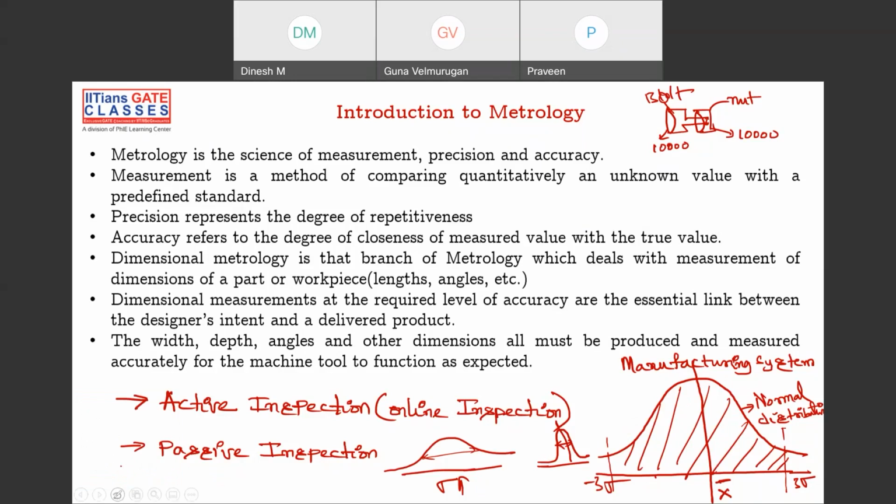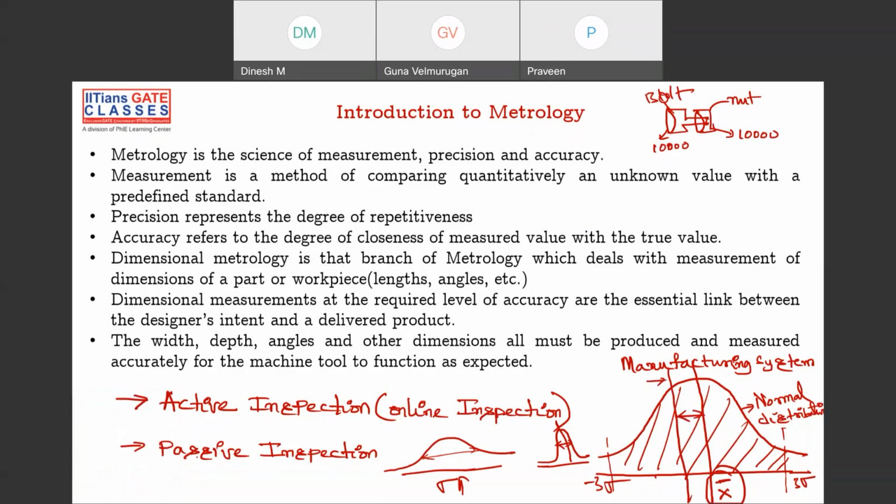Sometimes your actual value is here and your true value is here, so there is a difference. This is what gives you the accuracy: how far your point is from the mean point, or from the true value.